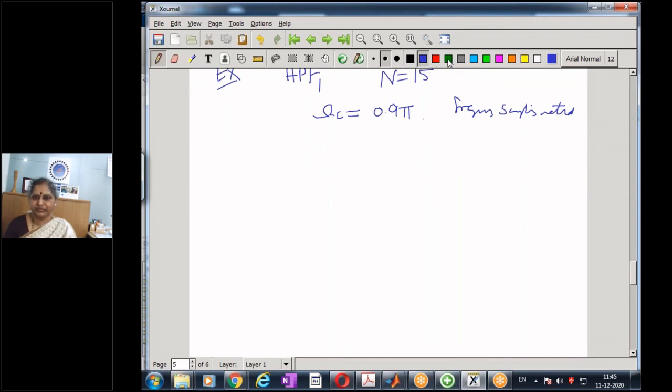As the first step, we will draw the frequency response of the desired filter. This goes from minus pi to plus pi, and this is a high pass filter. So this is pi by 2, pi by 4, 3 pi by 4, and my cutoff is given as 0.95. So somewhere 0.95 is going to be here.